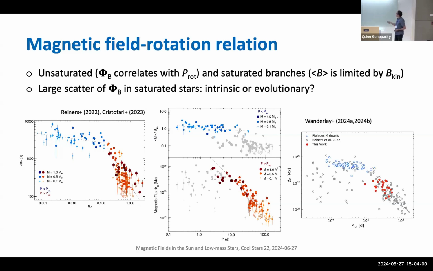There has been a recent study that possibly provided an answer to this question, and this was done by a team working with APOGEE data, who applied this methodology of measuring magnetic fields from Stokes I to M dwarfs and Pleiades, so a sample of objects evolving in the same environment, and they got a much tighter relation between magnetic flux and rotation period. So it seems that this scatter that we see in such diagrams here is possibly due to evolutionary effects.